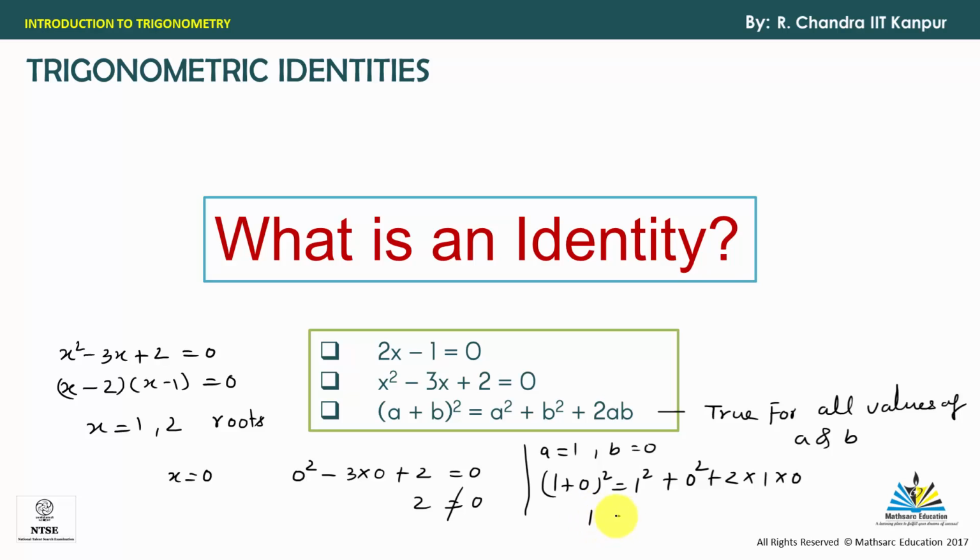So you will have 1 is equal to 1 square plus 0 plus 0. So 1 is equal to 1. You can take other values of a and b, like a is equal to 2 and b is equal to minus 1.